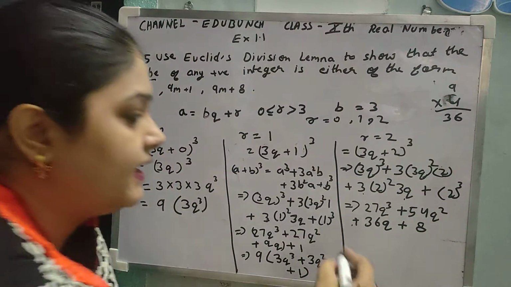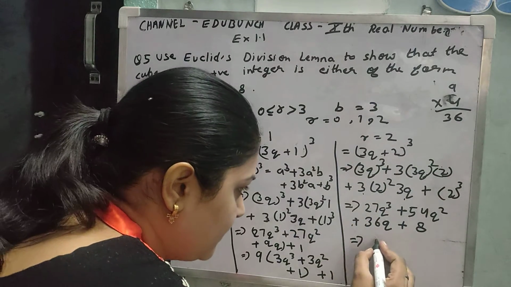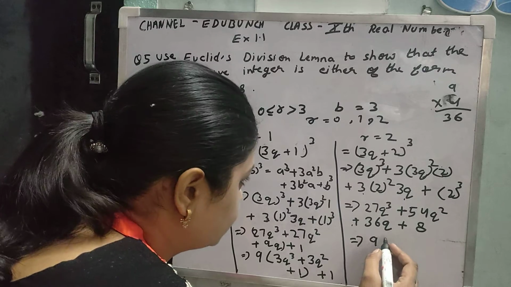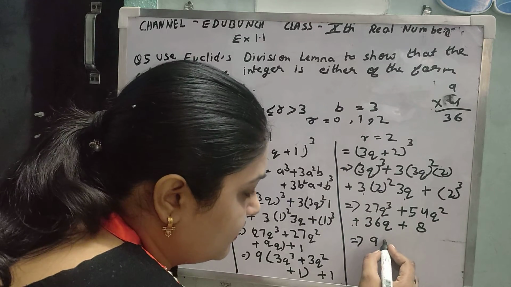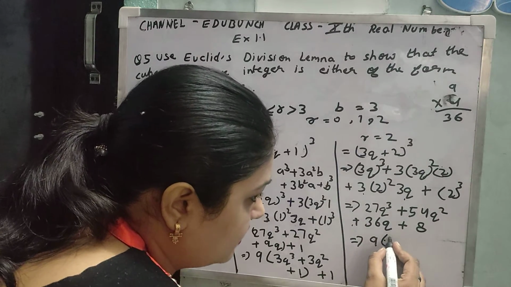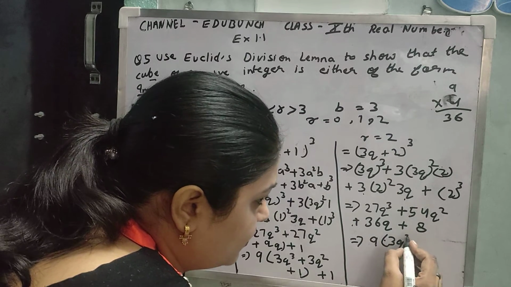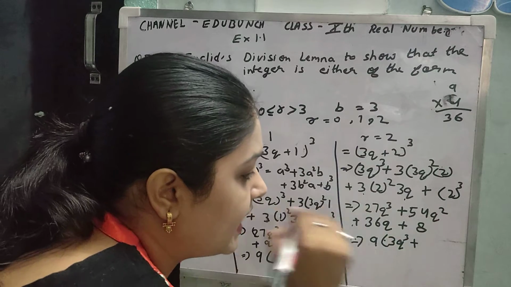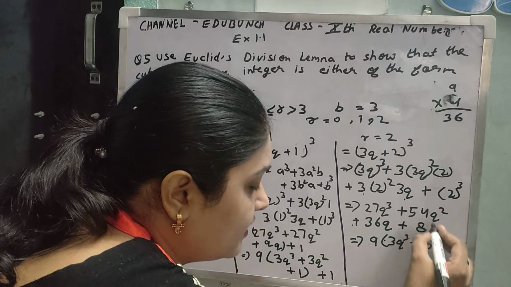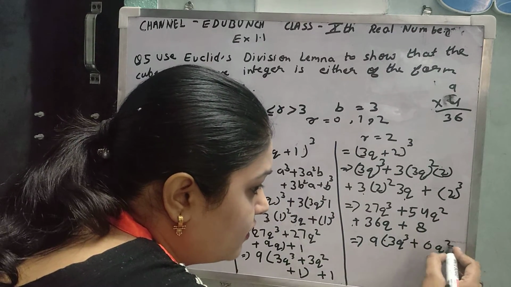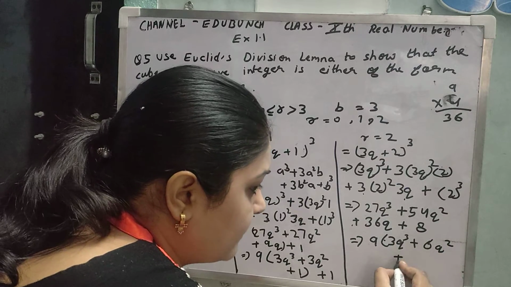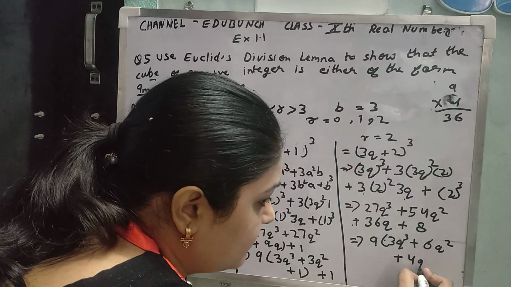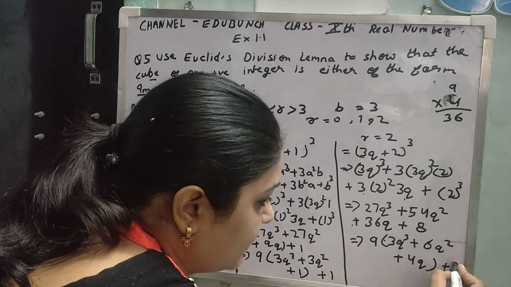So here we are taking 9 as common: 9 times 3q cube plus 6q square plus 4q, plus 8.